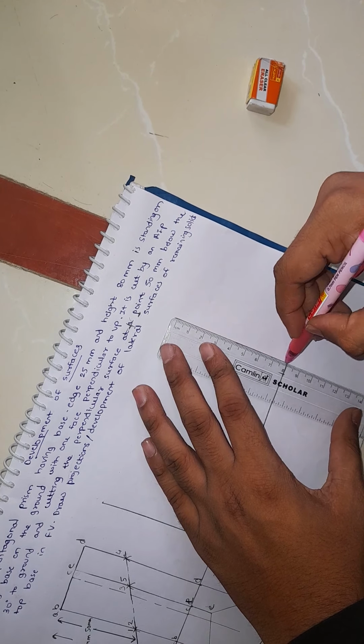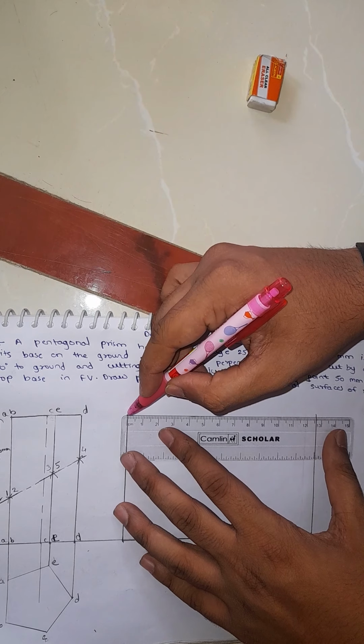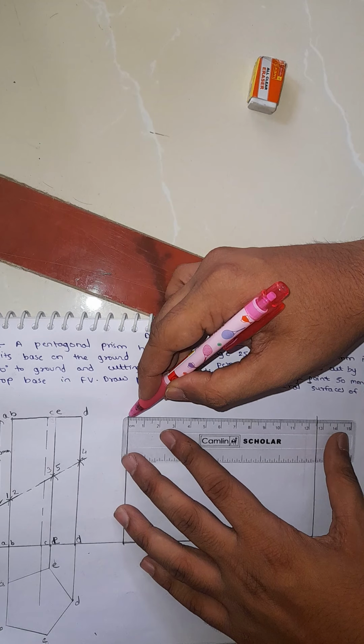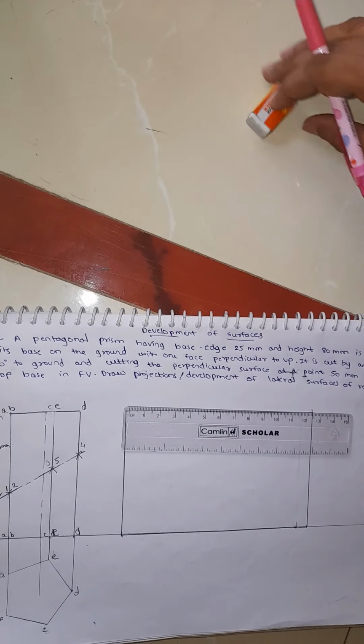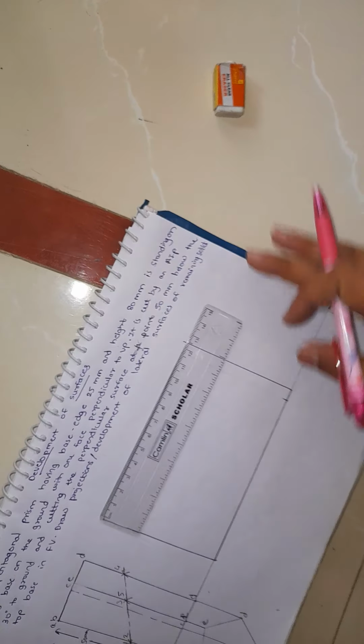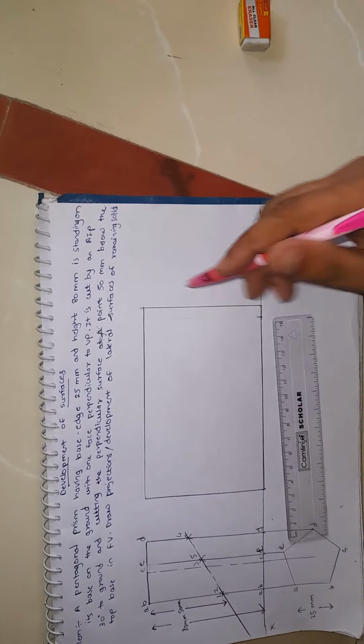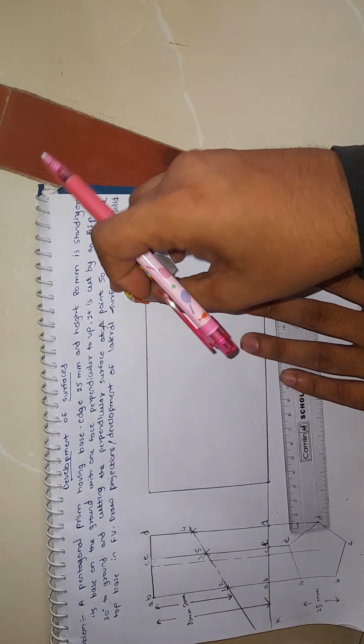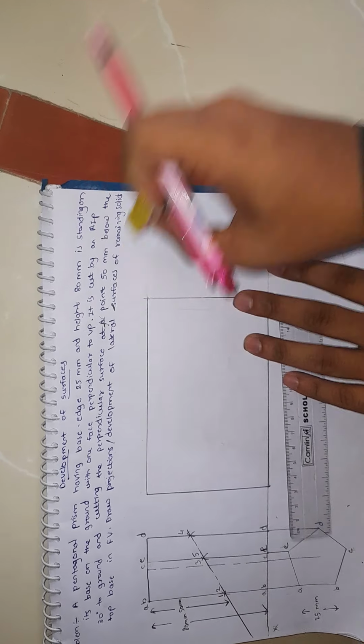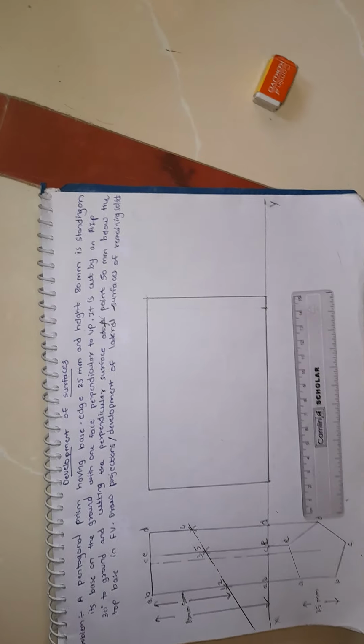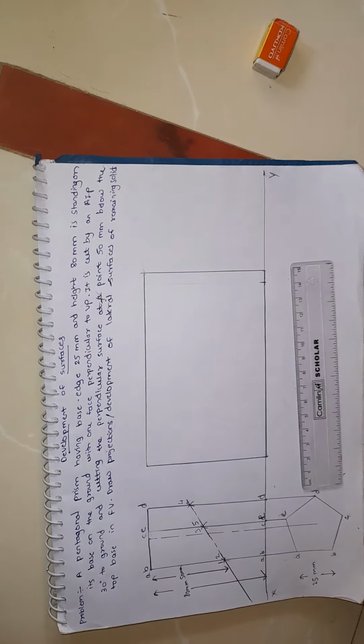So this is 80 mm. Now we have to divide this into 5 columns, as it is a pentagonal prism.